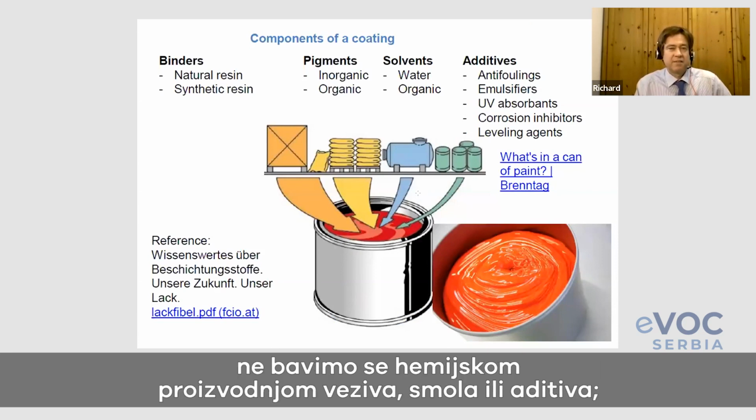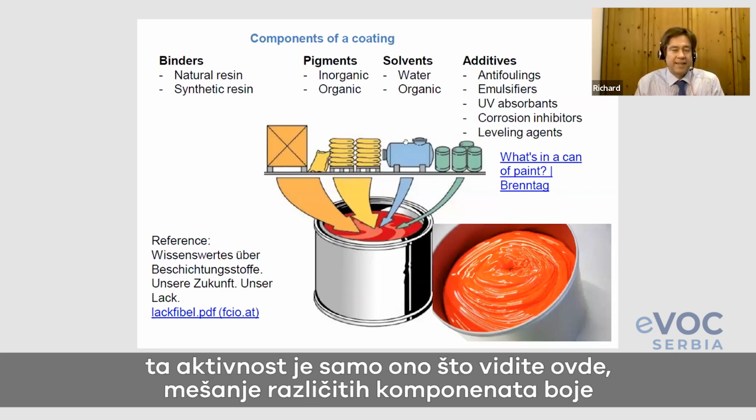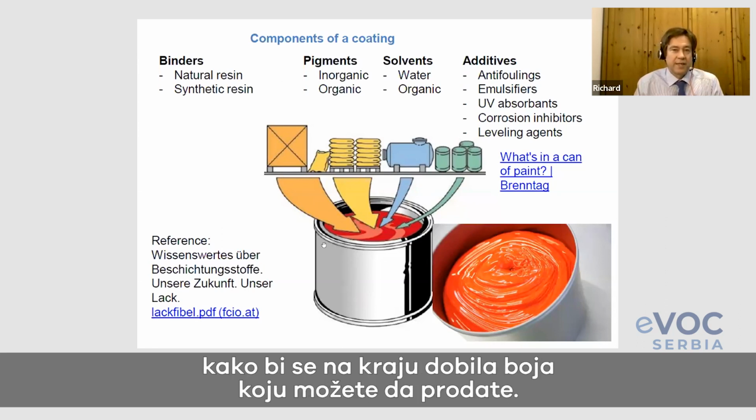We are not dealing with chemical production of the binders or resins or additives. This activity deals only with what you see here, mixing of the different components of a paint together to have at the end a paint that you can sell. I hope I made it clear now.